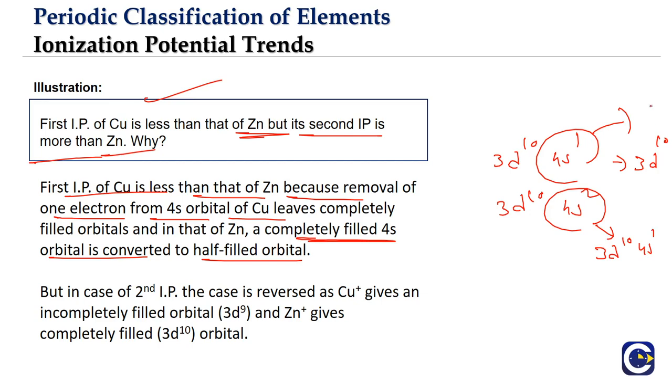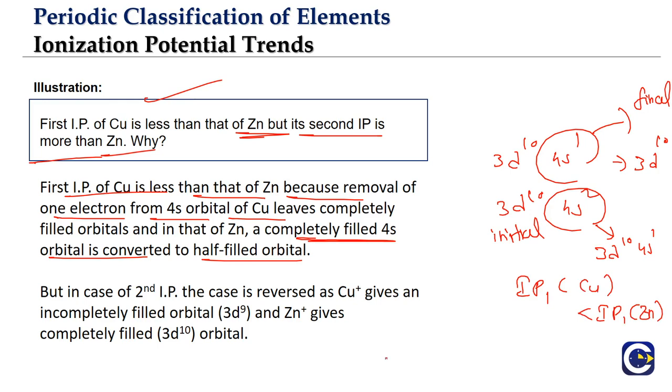In case of copper, the final arrangement is stable. In case of zinc, the initial arrangement is stable. We are talking about the removal of the first electron. So that is the reason why the IP1 of copper is less than the IP1 of zinc.